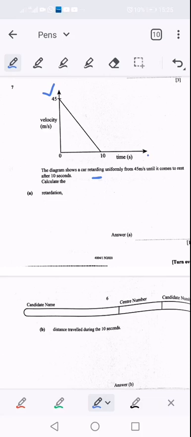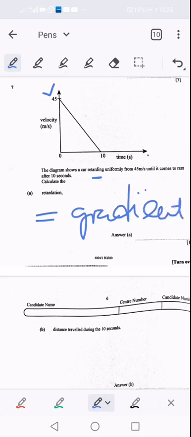Acceleration or deceleration is equal to the gradient. That's all.